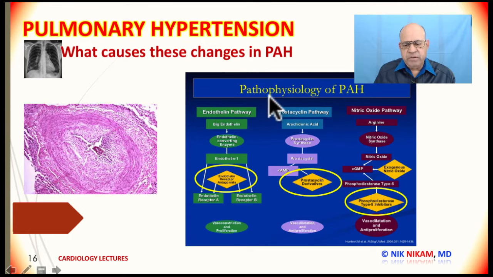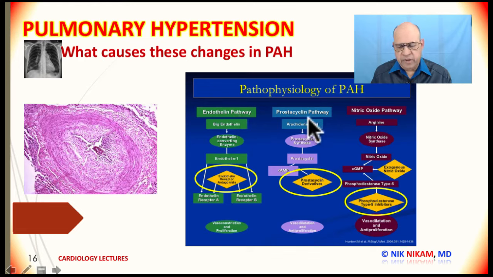There are three major pathways seen in patients with pulmonary arterial hypertension that account for endothelial dysfunction along with the proliferation of the smooth muscle cells. The first one is the endothelin pathway.